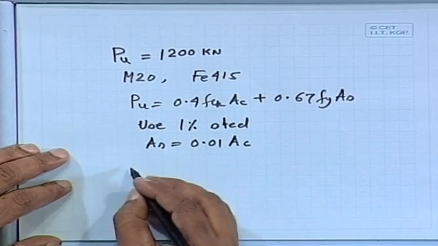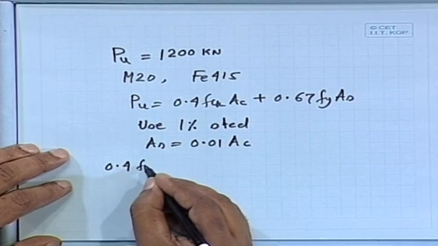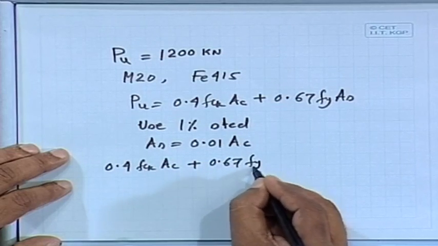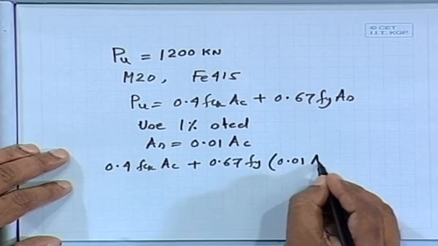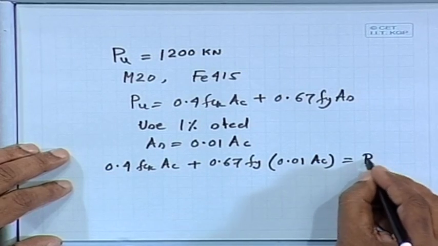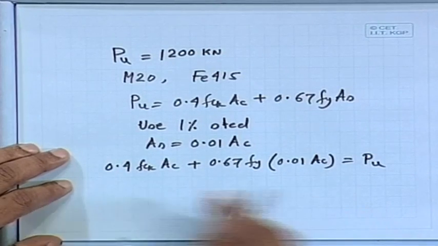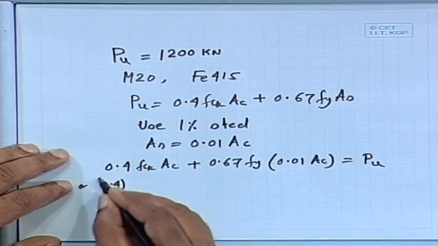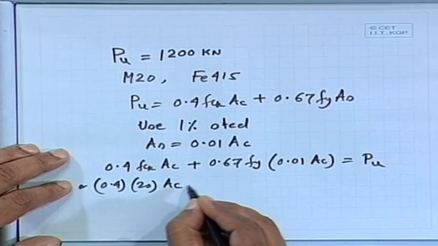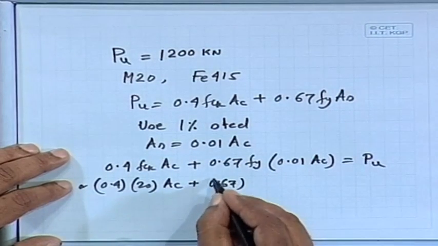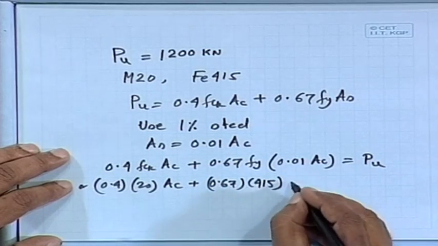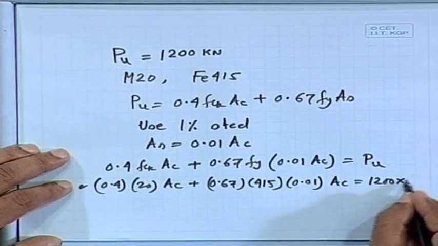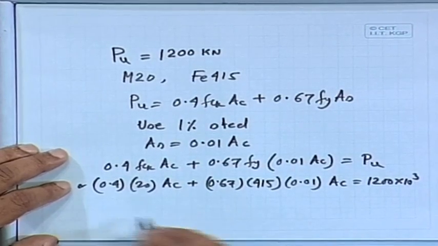So, we can write 0.4 fck Ac plus 0.67 fy times 0.01 Ac equal to Pu, because I can now calculate Ac also, or 0.4 times 20 times Ac plus 0.67 times 415 times 0.01 Ac equal to 1200 into 10 to the power 3. I am making it all in Newton.